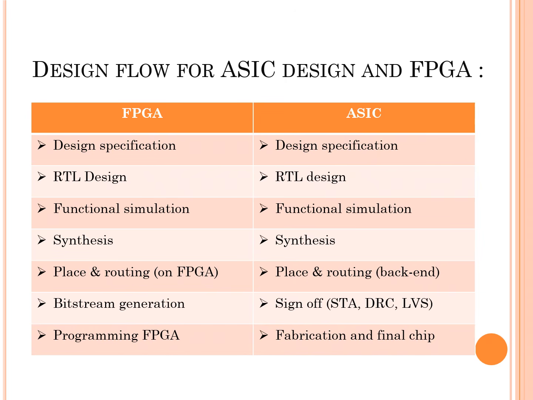Finally, for FPGA, we program the chip and can reconfigure it anytime. Whereas in ASIC, the design is sent for fabrication, producing the final silicon chip. So, while both start with HDL and verification, FPGA is flexible and reprogrammable, and ASIC is permanent but highly optimized for performance and power.